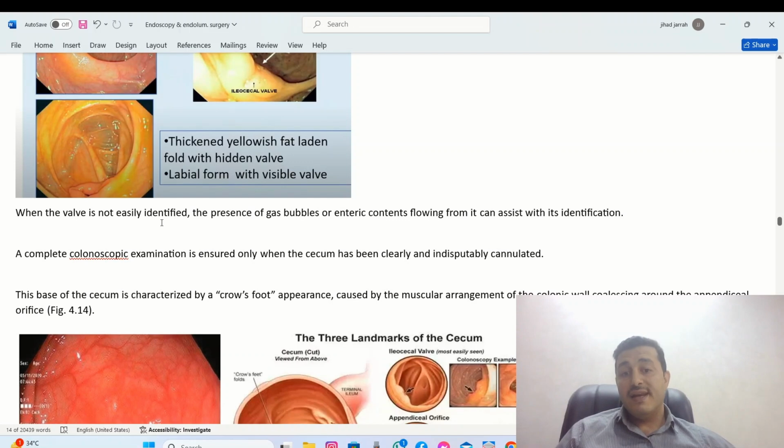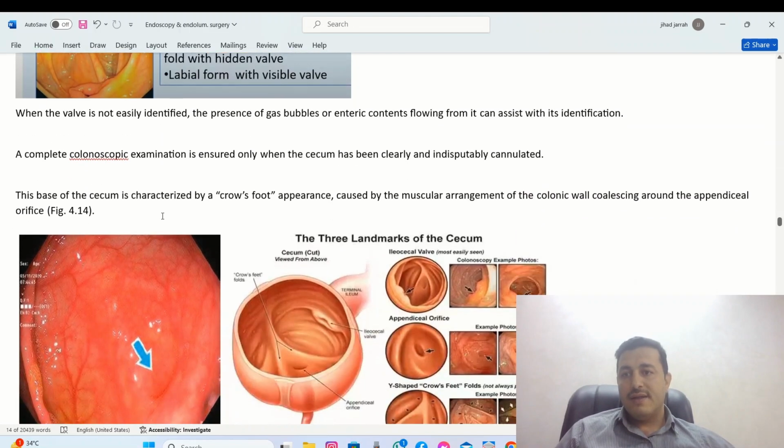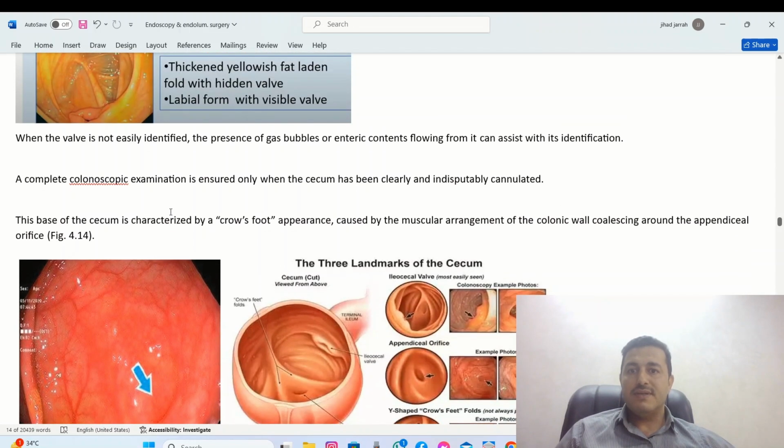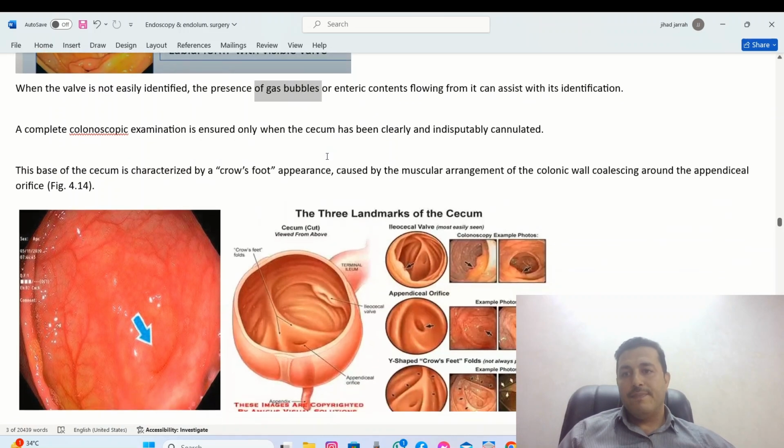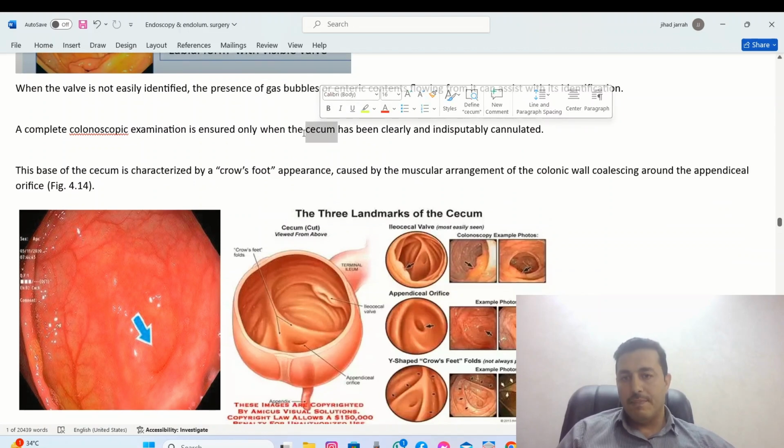Another maneuver that can help us to determine the ileocecal valve is the presence of gas bubbles. These are the enteric contents of the small bowel, so we can follow the gas bubbles that come from the small bowel. If we want to say that we have a complete colonoscopic exam, we should reach the cecum completely.